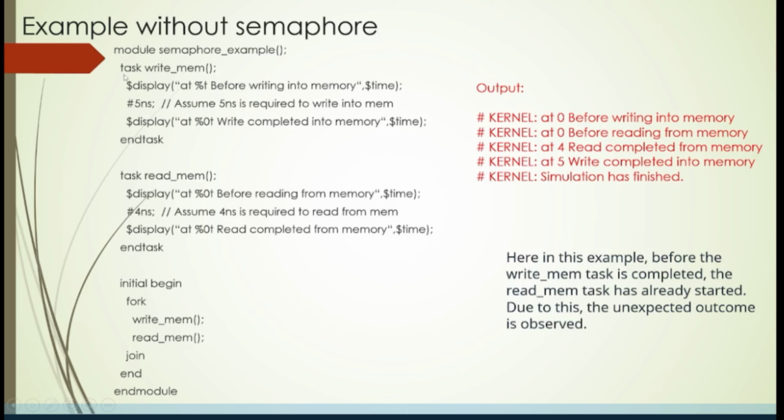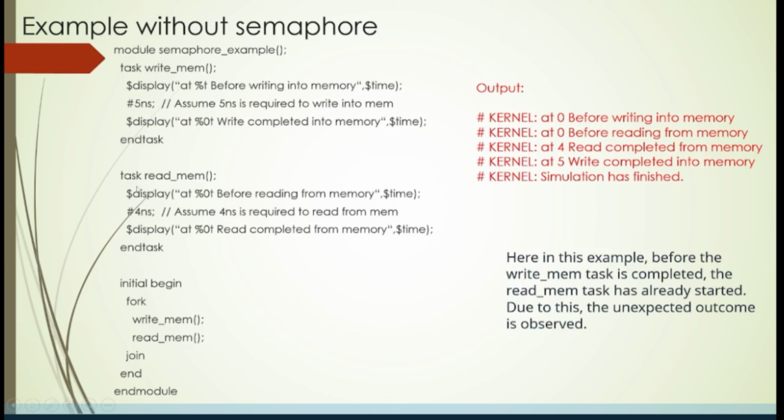In this, I am having two tasks, so nothing but two processes. Within one process, my process name is task write memory. Within this there are two display functions. In the first display function, before writing into memory, and then I have given 5 time units of delay, and I have written another display function, write completed into memory.